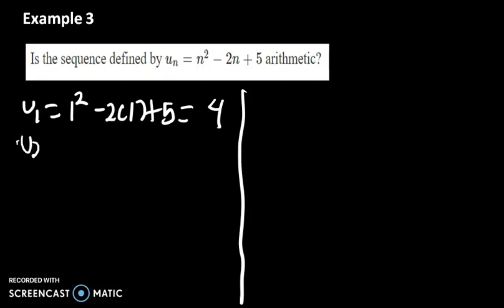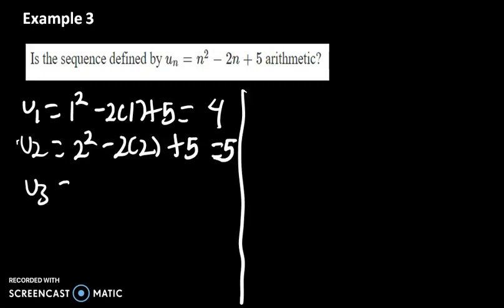For u2, 2 squared minus 2 times 2 plus 5, that leaves us with 5. And for u3, 3 squared minus 2 times 3 plus 5, this will leave us with 8.